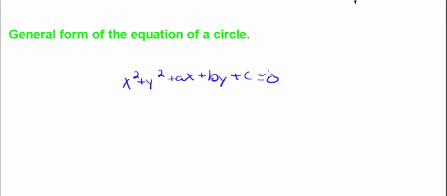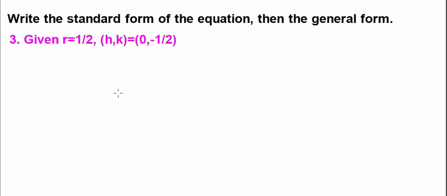Now, we need to be able to convert from standard form to general form and also general form to standard form. The following problem we'll practice from standard form to general form, and in class we'll practice from general form to standard form. Last problem, we are given now information that I'm asking you to write into standard form, and then from standard form I'm asking you to convert to general form.